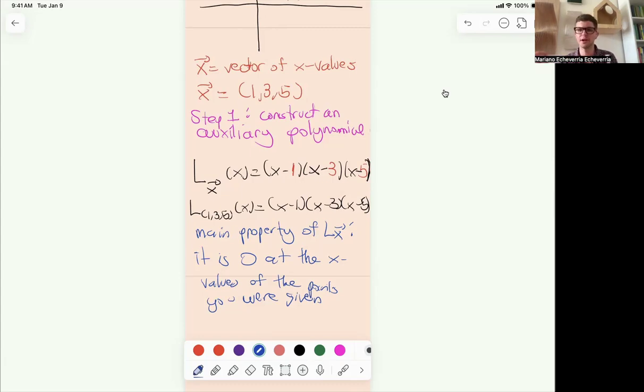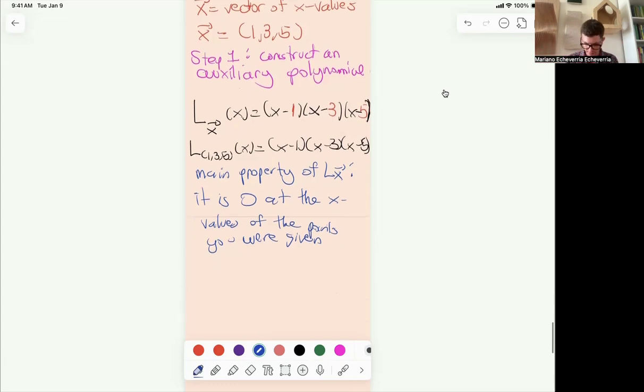And if it helps, I'll write down the formula in general, maybe it's useful to write it down at the same time.